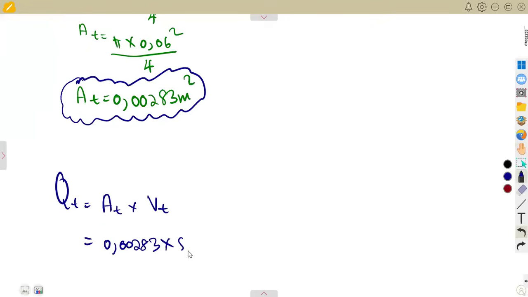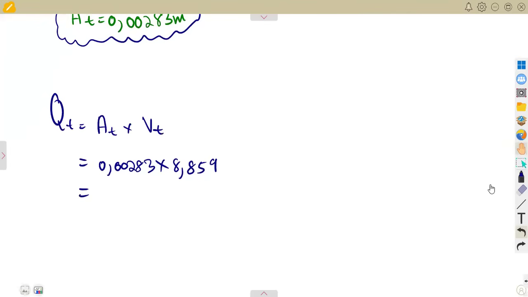So that is going to give us the theoretical discharge, which is 0.0251 cubic meters per second.